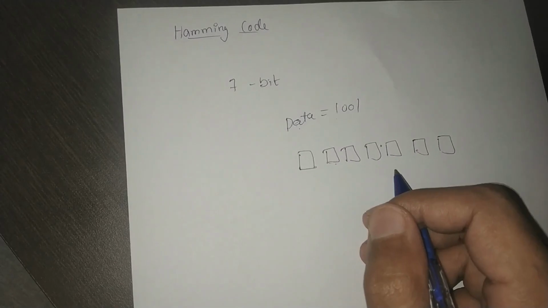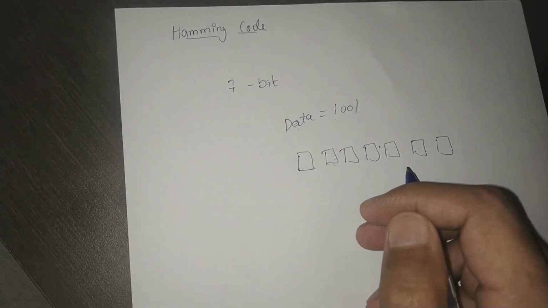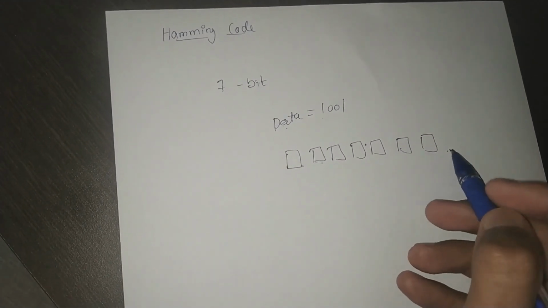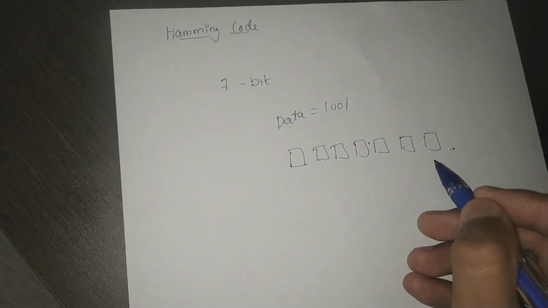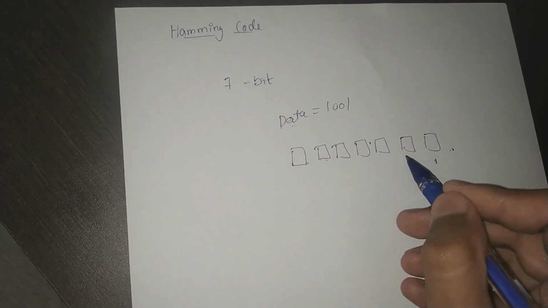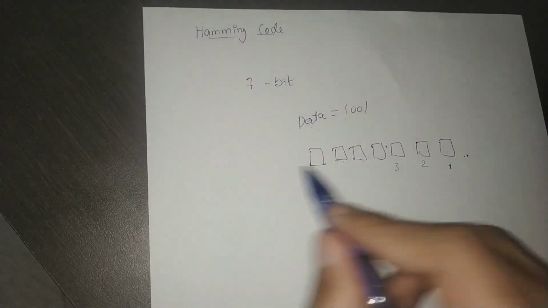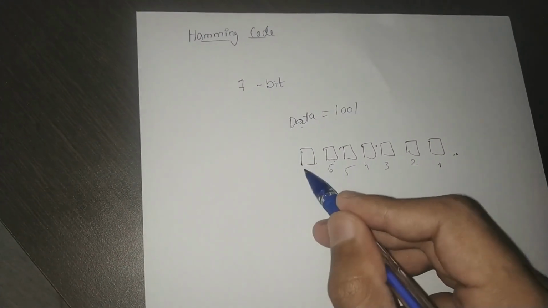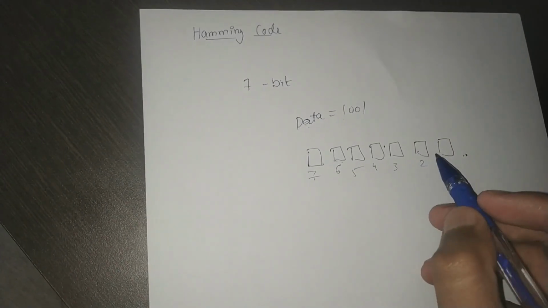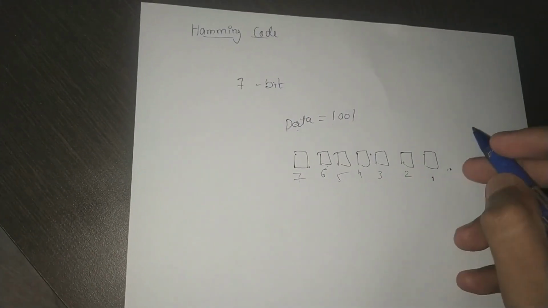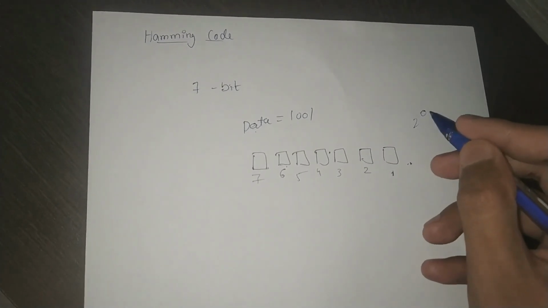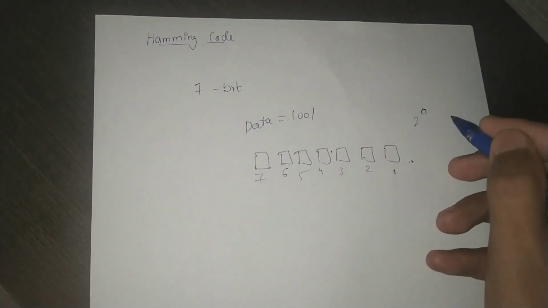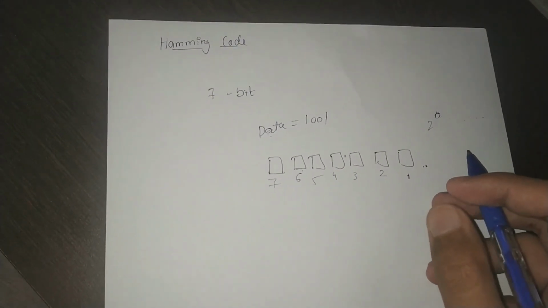Now how to identify what the parity bits are? We'll be starting from the right: this will be the first position, this will be the second position, third position and so on. Every position that is 2 power n, 2 power 0, 2 power 1, 2 power 2, will be parity bits.